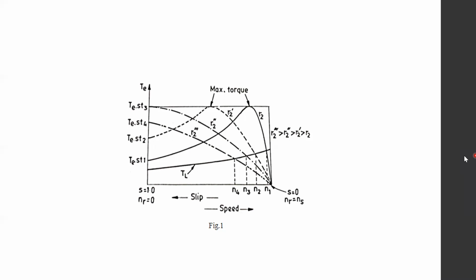The larger the value of resistance, the larger will be the value of slip at which the maximum torque occurs. If the resistance of the motor is increased, then the pull-out speed of the motor decreases, but the maximum torque remains constant. By the rotor resistance control method, speed control is provided from rated speed to lower speed. This method of speed control is very simple.